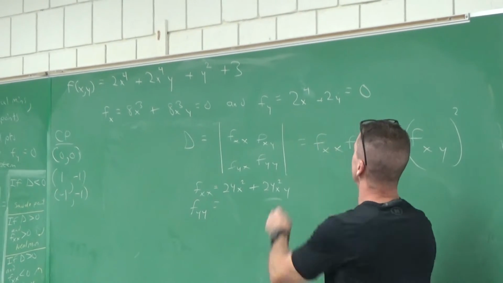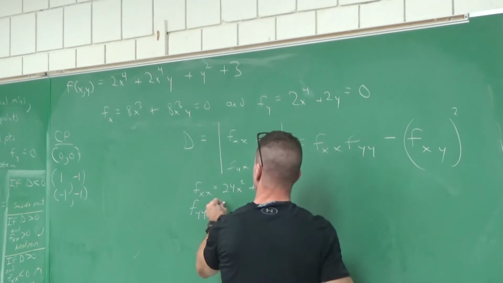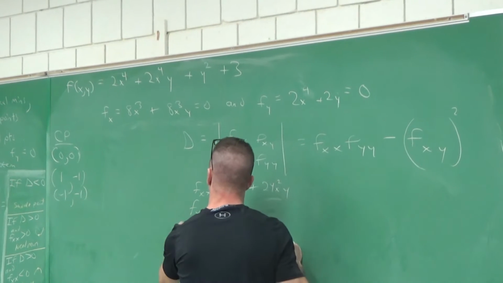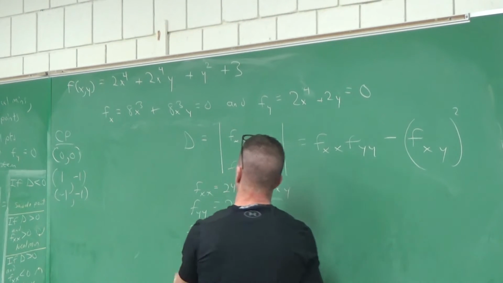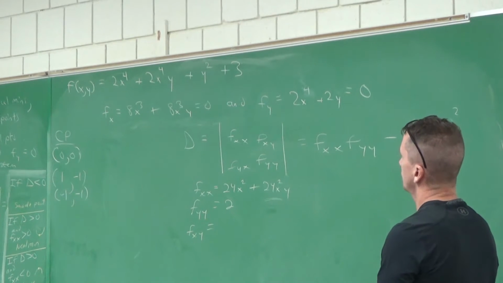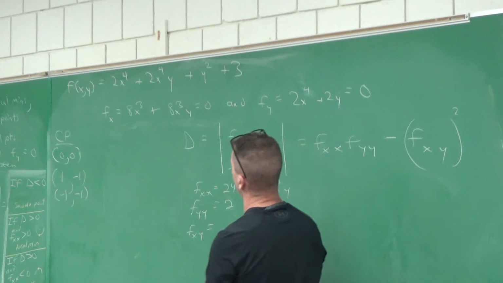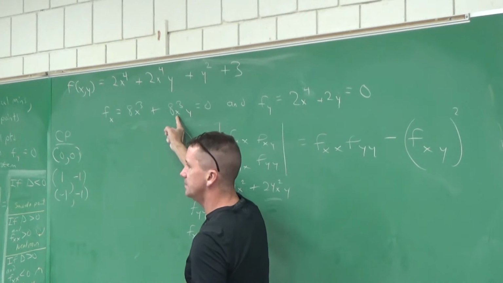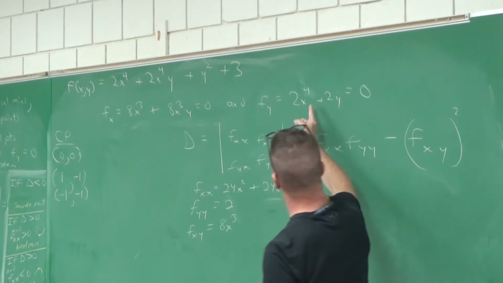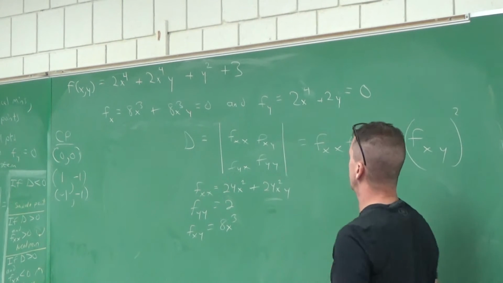It's just 2. That was easy. And what's fxy, or fyx, either one? What's fx with respect to y? 8x cubed. You could have done fyx. 8x cubed.